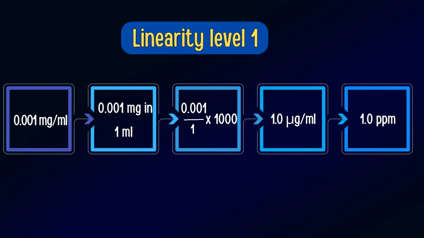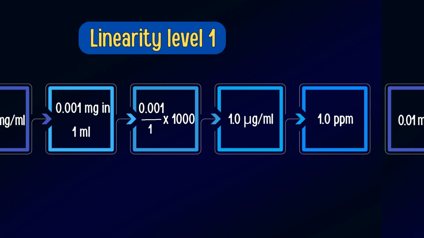Now next is 0.001 milligram per ml can be converted as 0.001 mg in 1 ml, that is 0.001 divided by 1 into 1000 corresponds to 1.0 microgram per ml or 1 ppm.